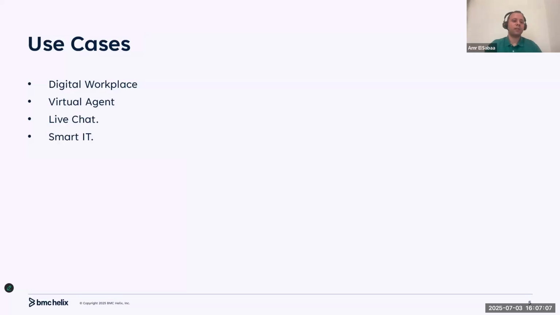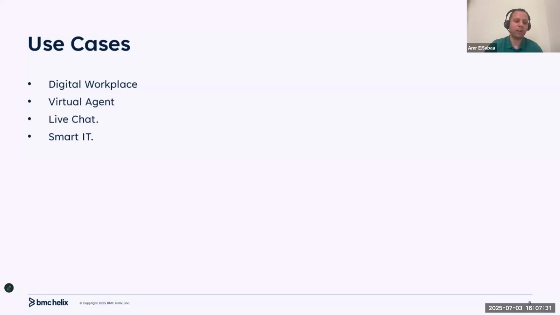So, ITSM use cases. Digital Workplace is now using Helix GPT. It's much easier for users to find information instead of asking using exact keywords. They can use natural language, ask whatever they want, and receive a relevant response from Helix GPT.